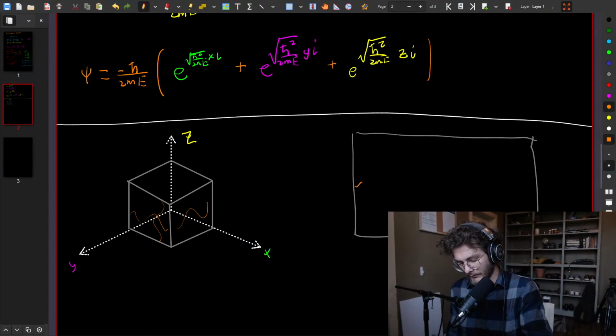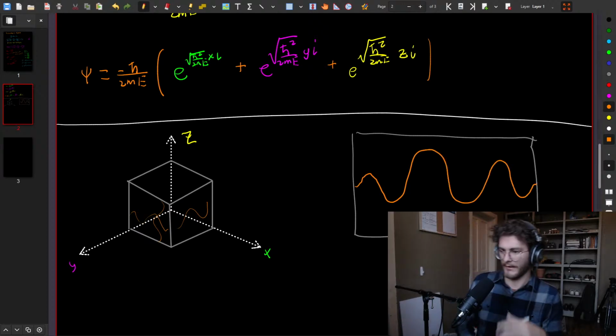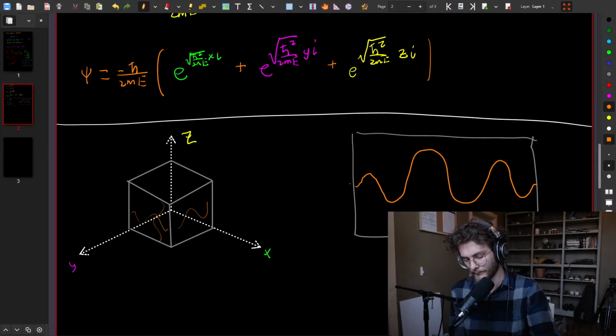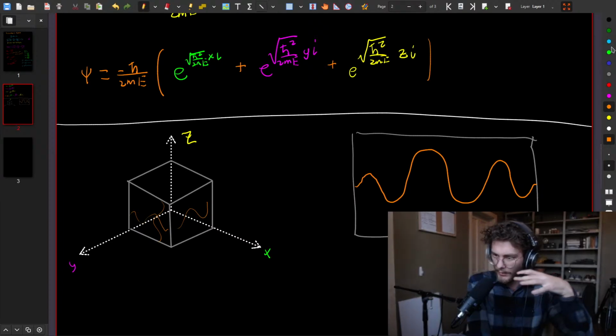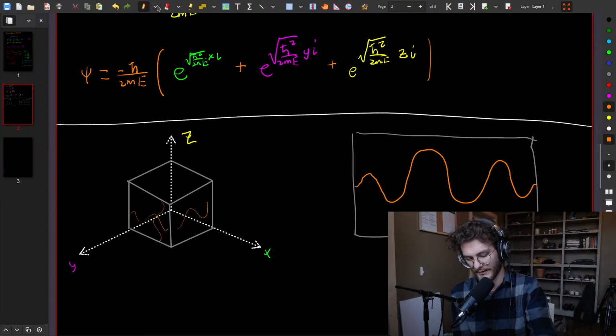It's going to look like something like that. And it's got two things going on here. Number one, on each end here, the magnitude of the wave, if we draw a little dotted line through the center, that's like 0.